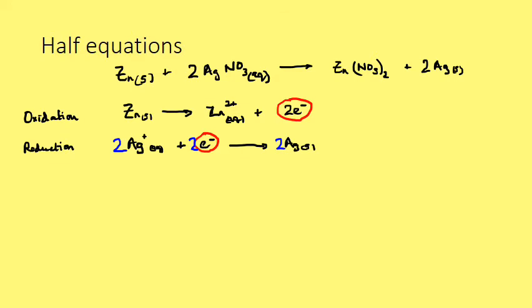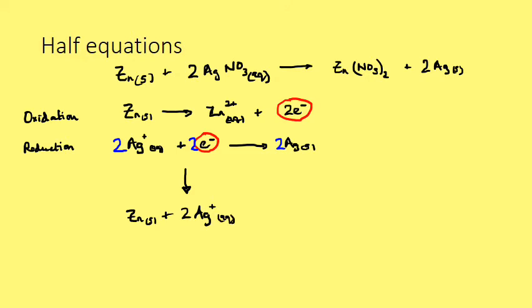When you add them together, the result is still 1 zinc, and it was solid, and you had 2 silver ions in solution.